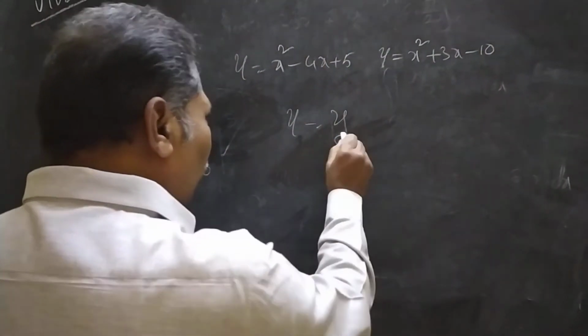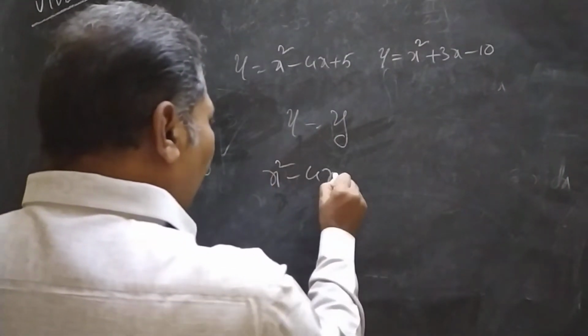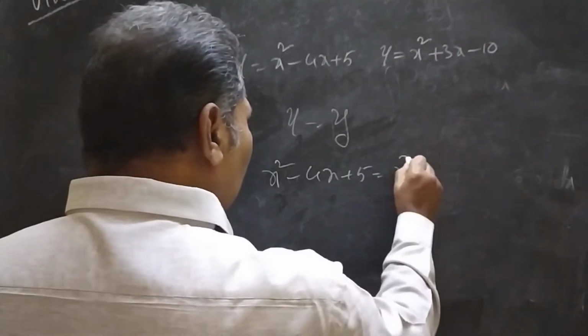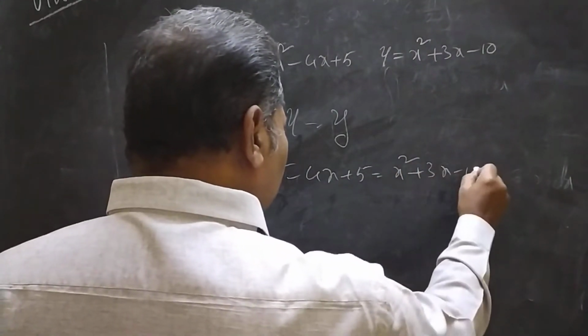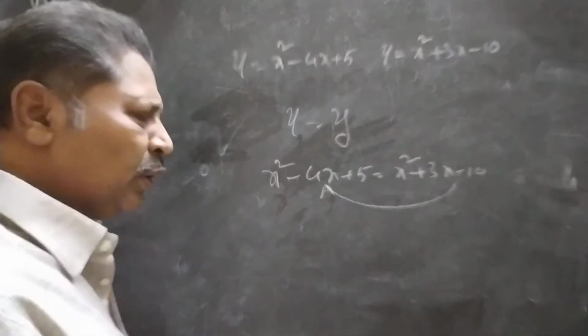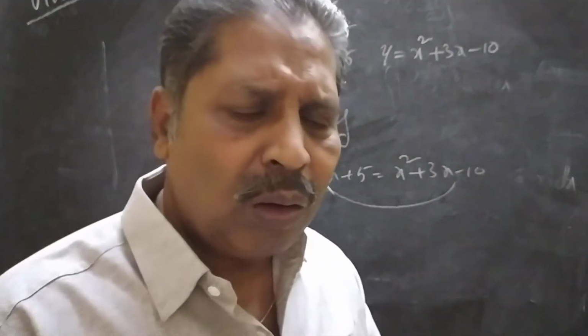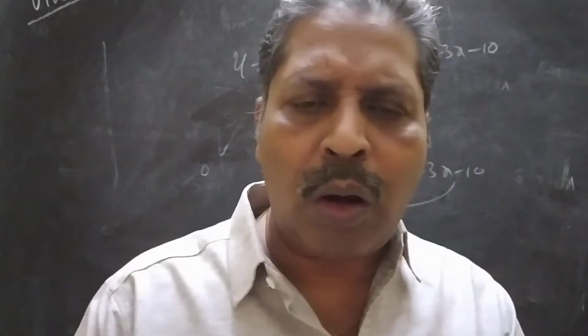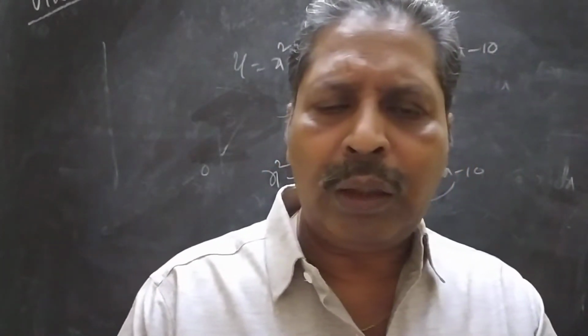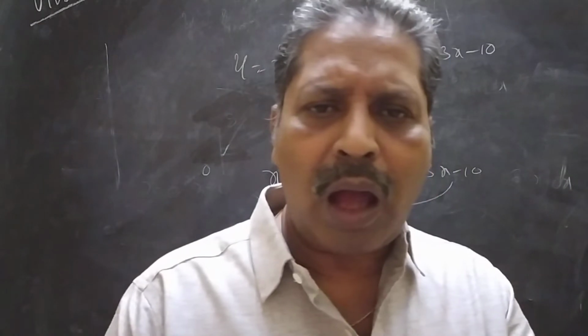Y equal to y: x square minus 4x plus 5 equals x square plus 3x minus 10. Solving these two, we get the x values. The small value is the lower limit, the bigger value is the upper limit.